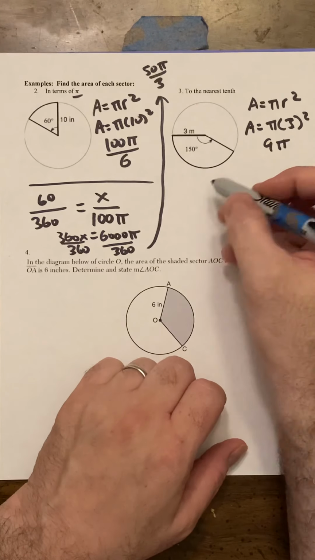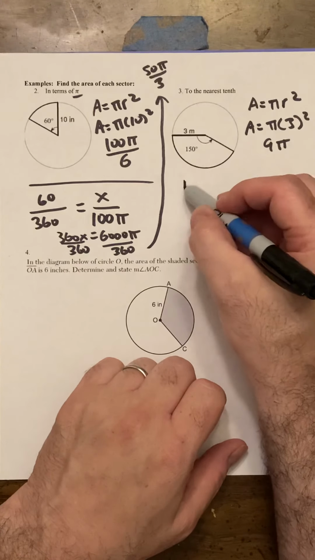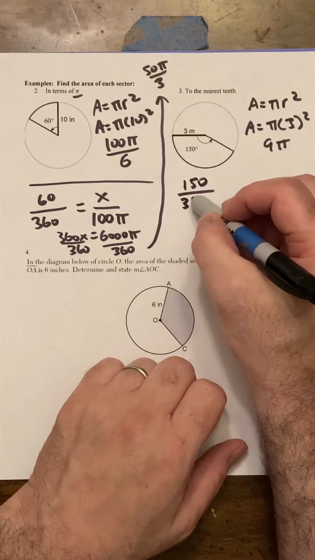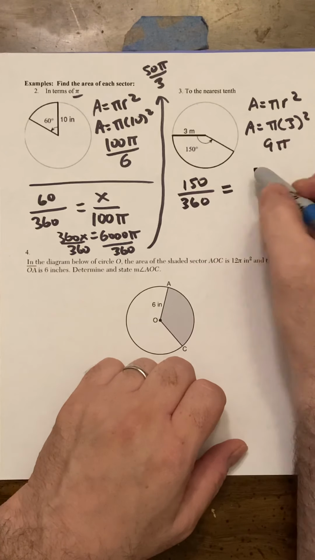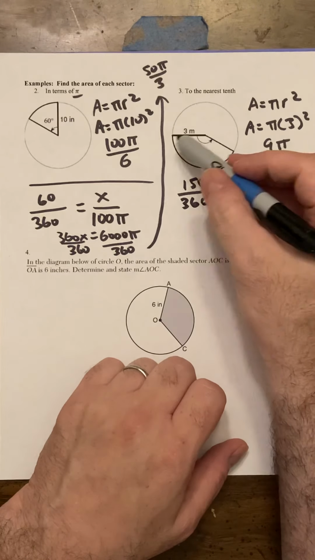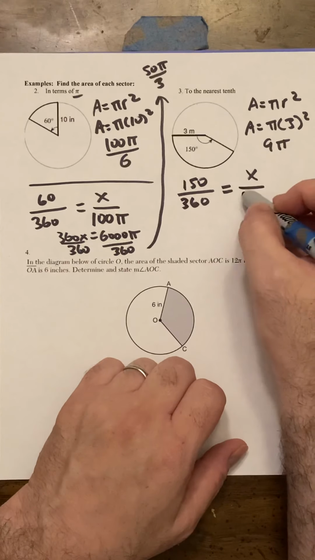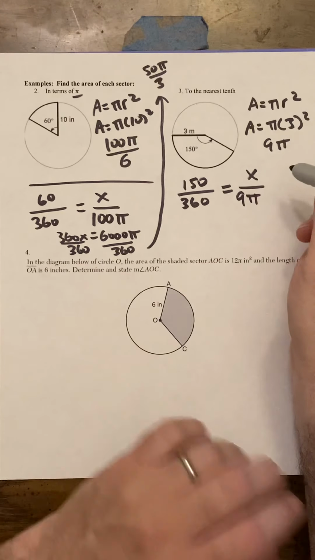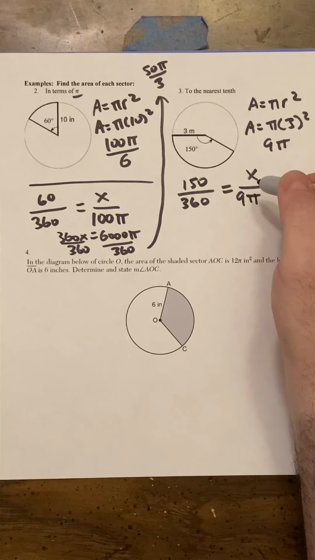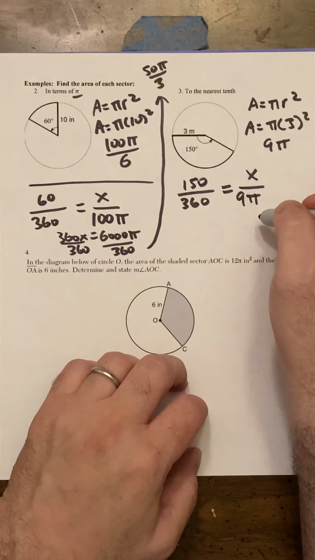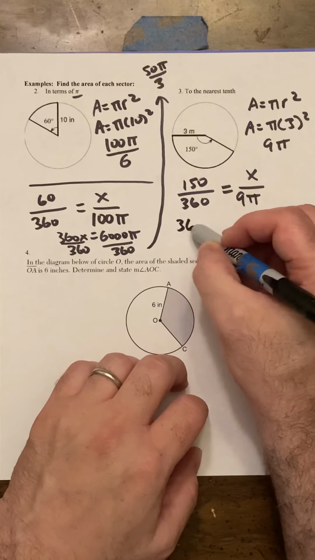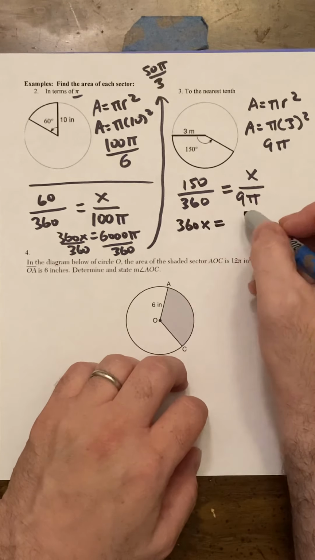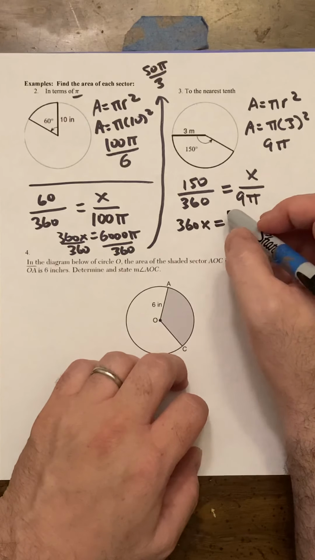Using the formula, we get a central angle over 360 equals the missing sector area over the total circle's area. Cross multiplying that, let me just make sure. Yes, so cross multiplying that, we get 360x equals 1350 pi.